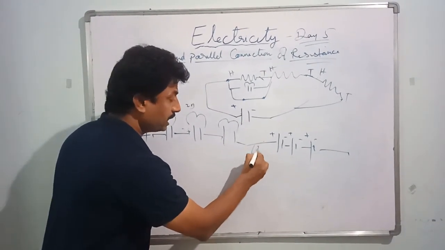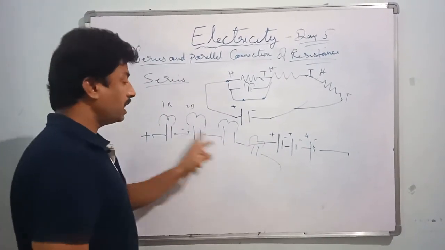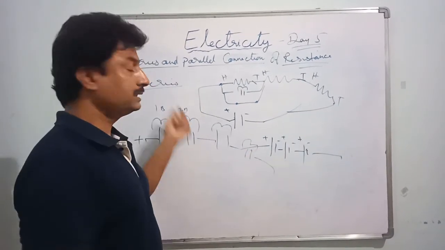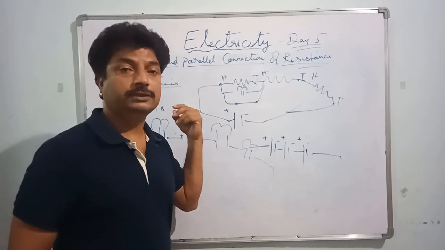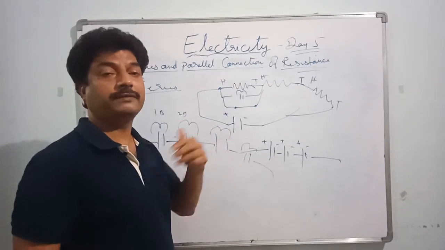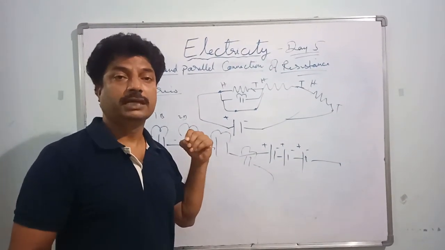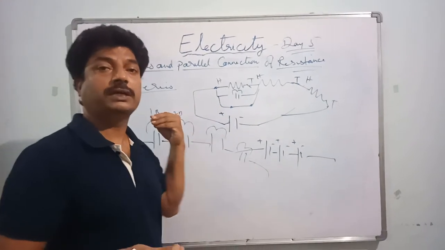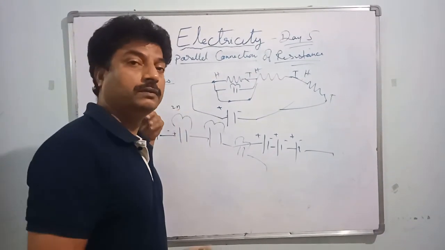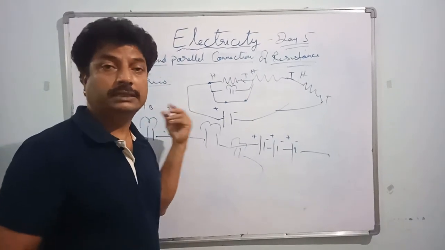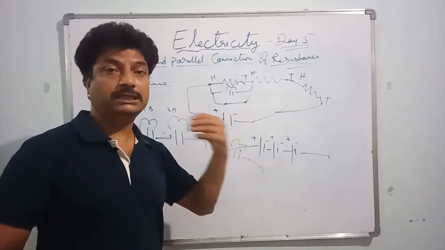This is how the bulbs are connected, and they are called series bulbs. You might have heard of series bulbs used in functions or festivals when we decorate our house. That is nothing else but series bulbs.